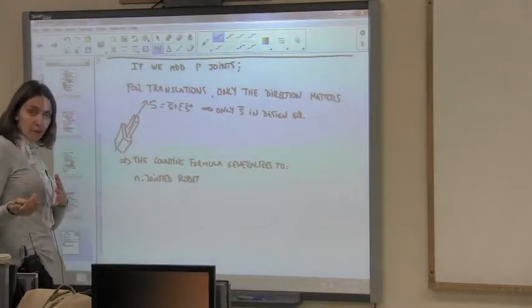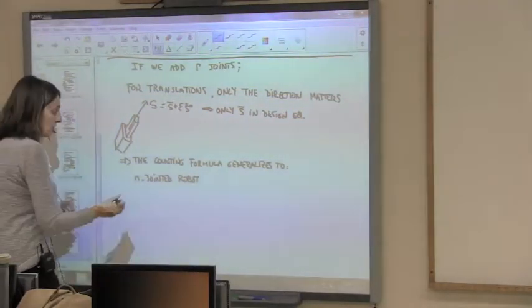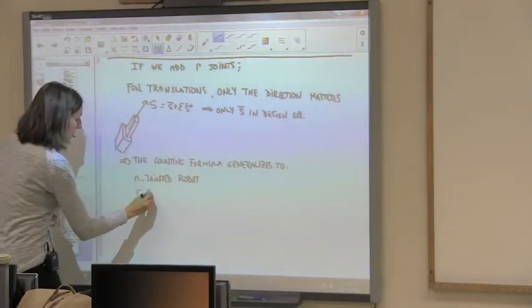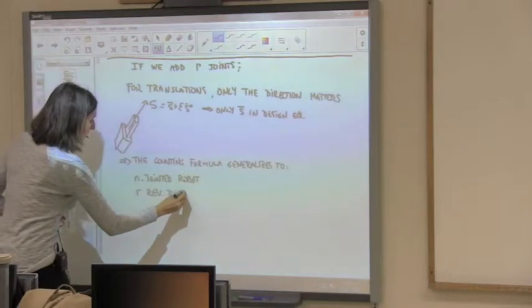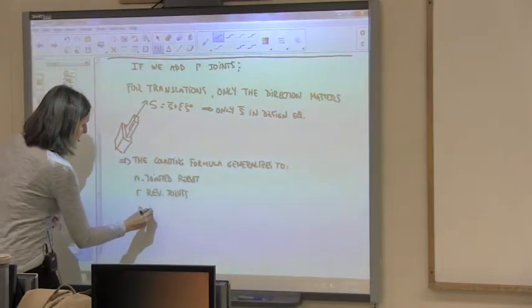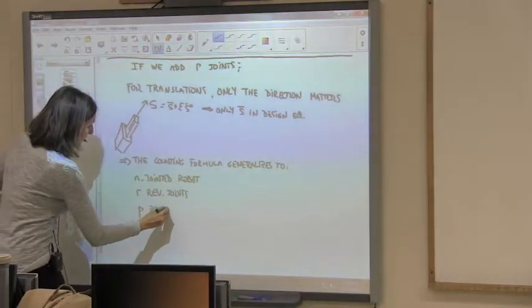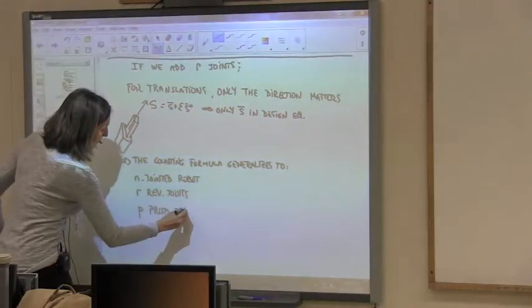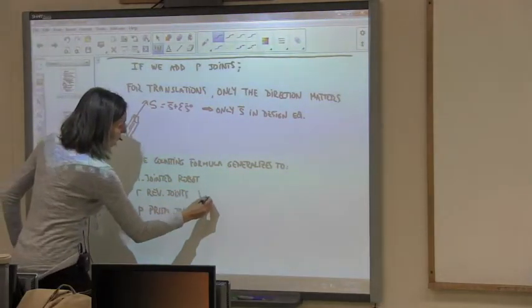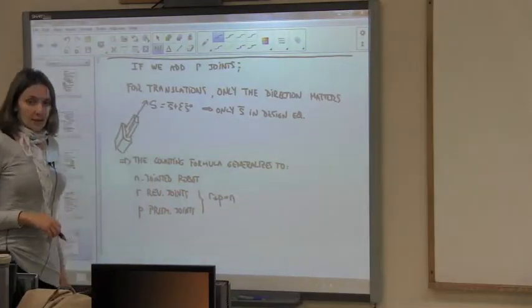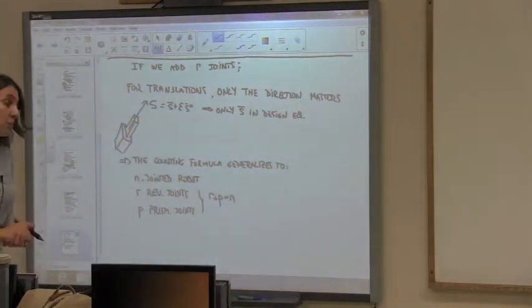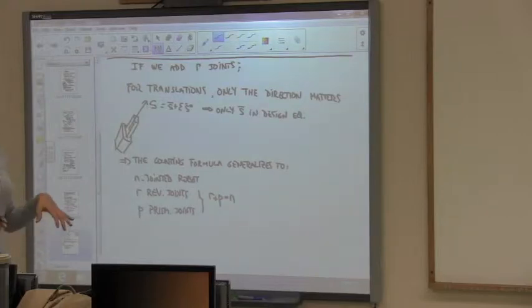Now we have R revolute joints, P prismatic joints, and of course R plus P has to be equal to N. They are still 1 degree of freedom joints, and we are still talking about serial robots.